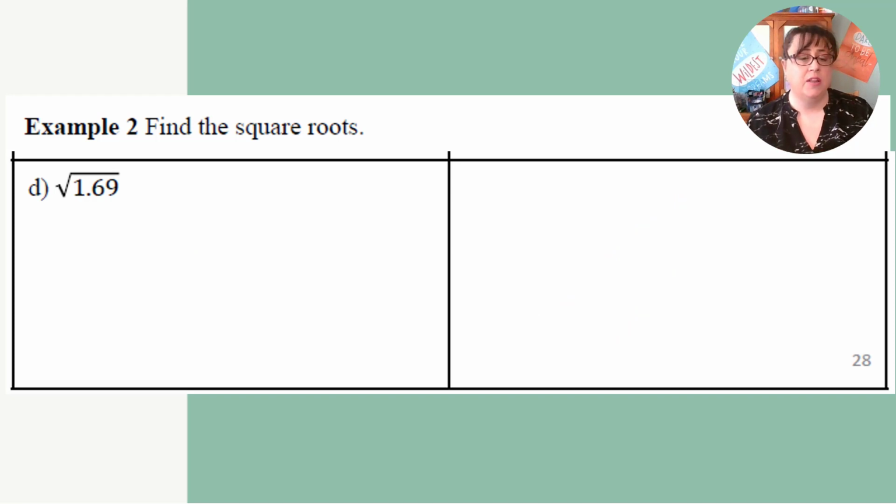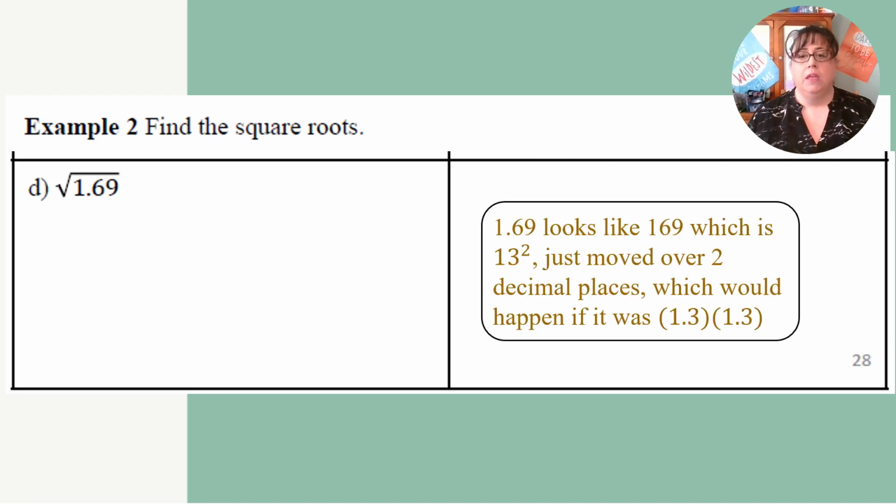So now let's look at another one. Let's take the square root of 1.69, or 1 and 69 hundredths. So now, what does that remind me of? Well, it reminds me of 169, which would be 13 squared. It's just my decimal place has been moved over.